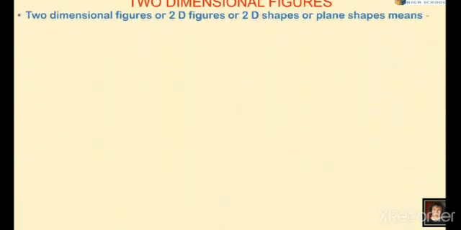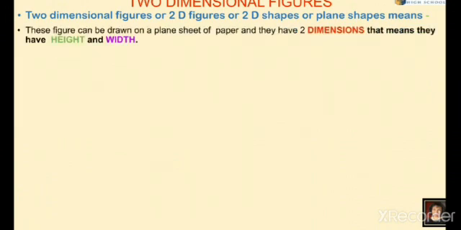Two-dimensional figures, or we call them 2D figures or 2D shapes or plane shapes. What do we mean by these figures? The figures that can be drawn on a plain sheet of paper, and they have two dimensions. That means they have height and width, or length and width.